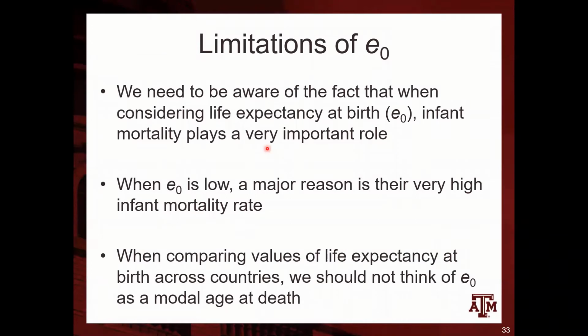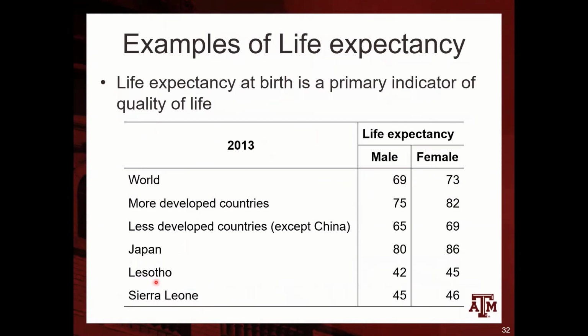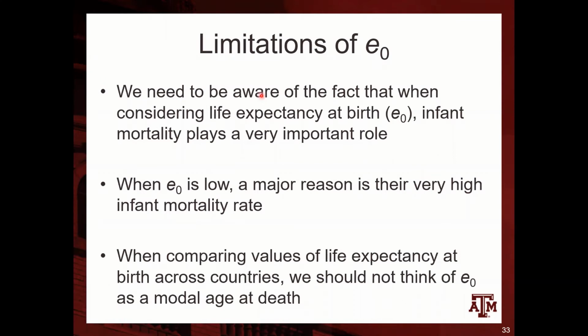So in some developing countries where infant mortality might be really high, such as Lesotho and Sierra Leone, really high infant mortality rates make the life expectancy drop a lot. Right? Because life expectancy at birth is really affected by infant mortality. So when life expectancy at birth is low, a major reason is their very high infant mortality rate.